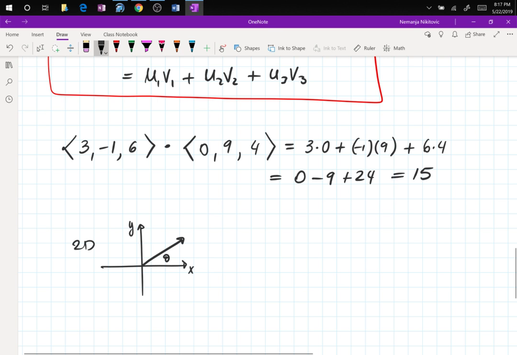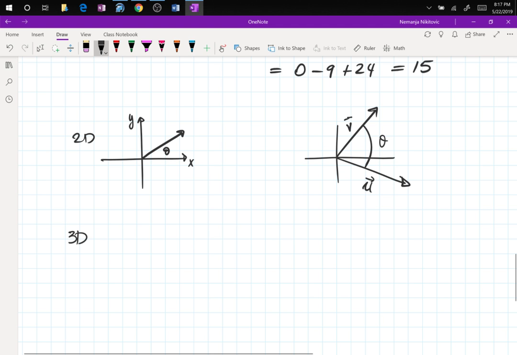Now, in 2D, you also have two vectors like that, vector u and vector v, and then there is the angle in between them, theta. That one you use the dot product to compute. So you have just two vectors in a plane, and the angle between them is this. Now, as I said, for 3D, if you have to find the angle for a given vector u, it's technically good luck, right?